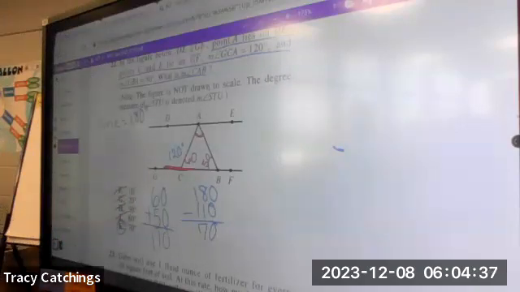Good job. Any questions about it? So when they give you them transversals, pay close attention to what's stopping what, so you can really see what angle you need, inside or outside.